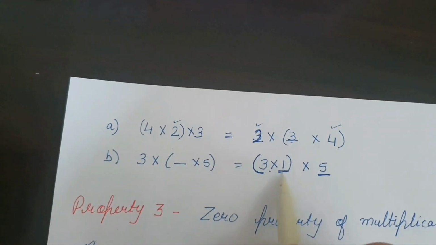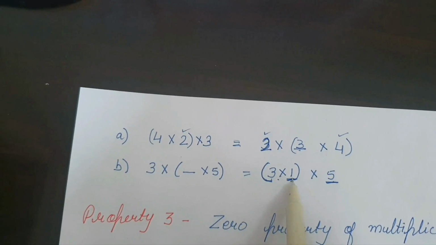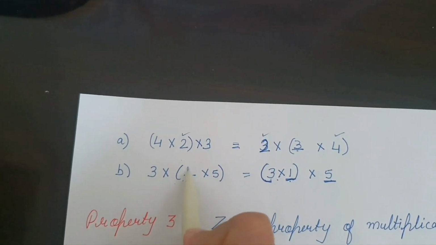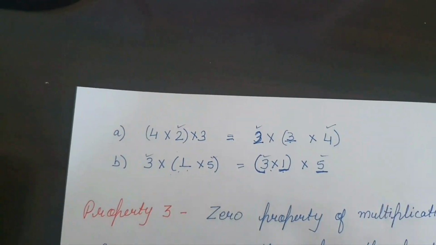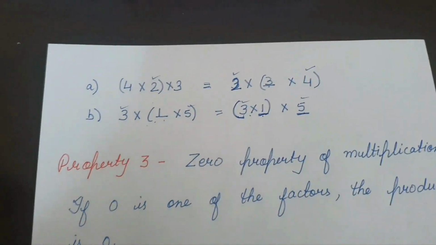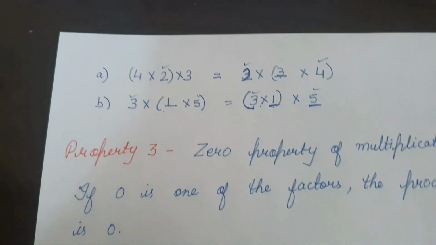Here we are multiplying 3 into 1 first. 5 is also given, but we are multiplying 3 into 1. And in the second one, 1 is missing. So here 1 will come. 3 is already here, 5 is already here. Only the group we have changed. So this is your second property, grouping or associative property of multiplication.